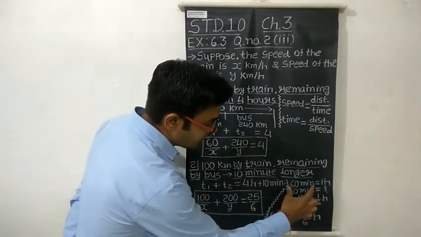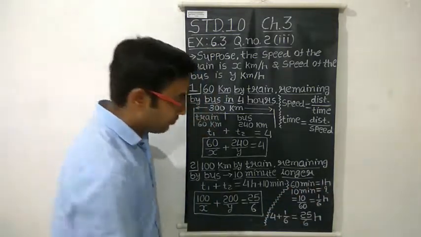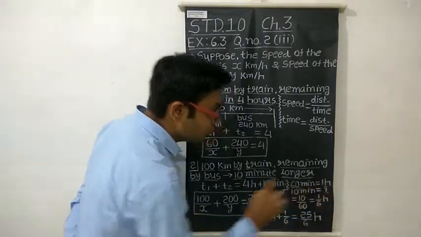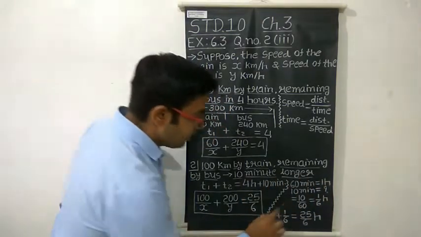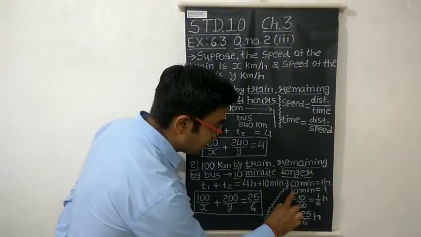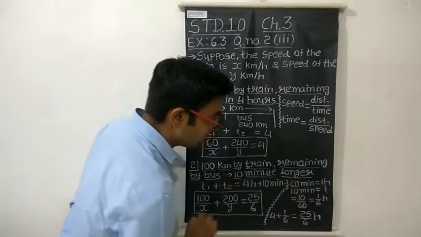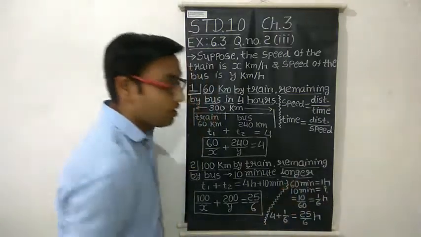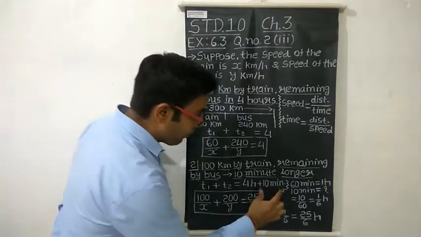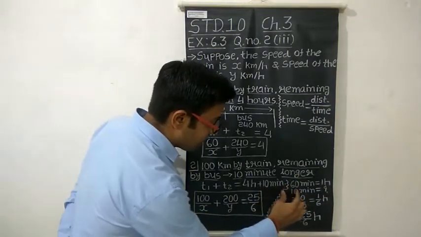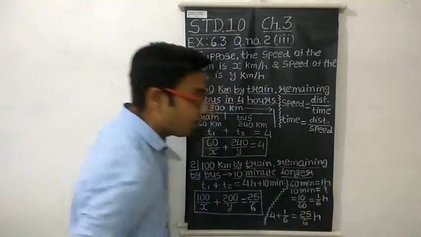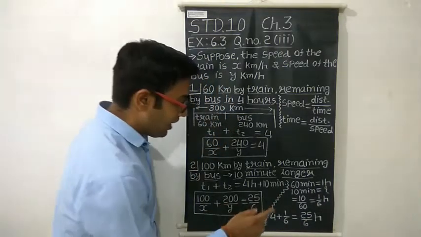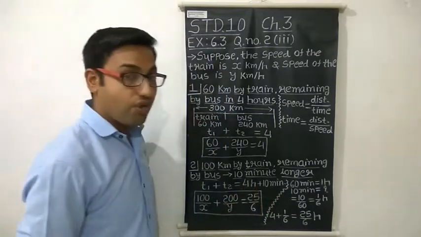So see, 60 minutes is equal to 1 hour. So 10 minutes is equal to how many hours? So 10 upon 60. We will get 10 multiplied by 1 upon 60. So 10 upon 60 is equal to 1 upon 6 hours. So the timing of 10 minutes is now converted into hours, and that is 1 upon 6 hours. Now add it with the 4 hours.